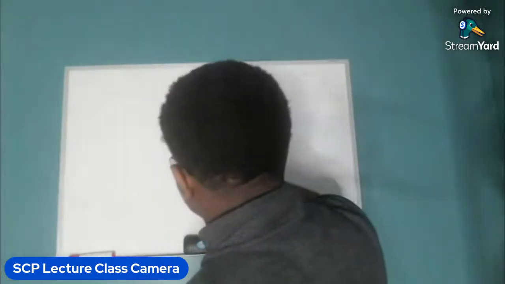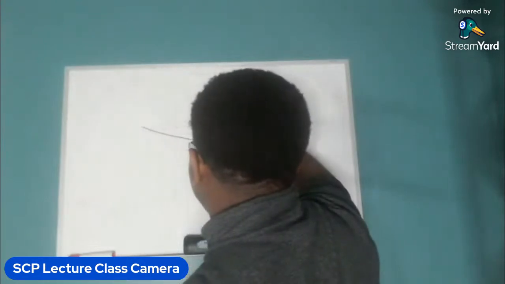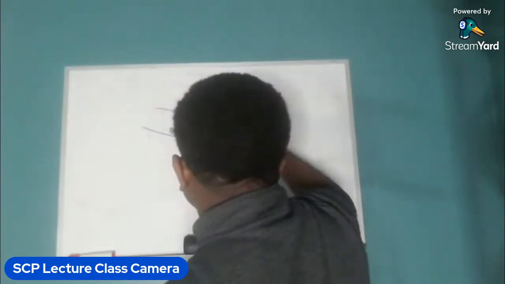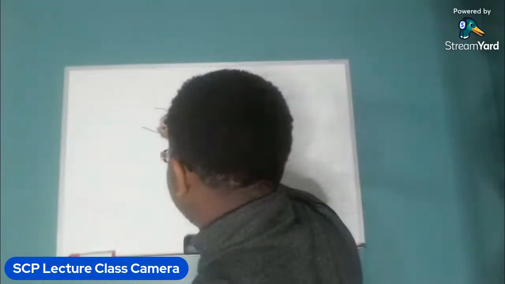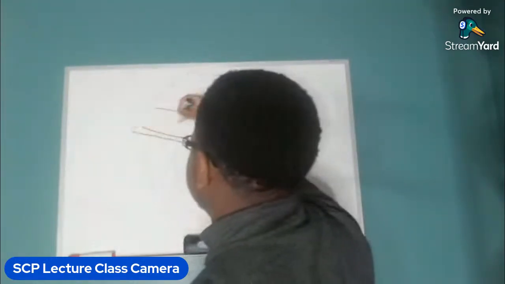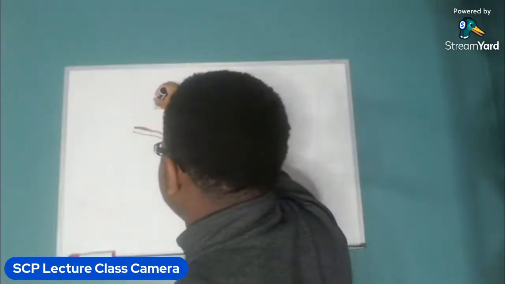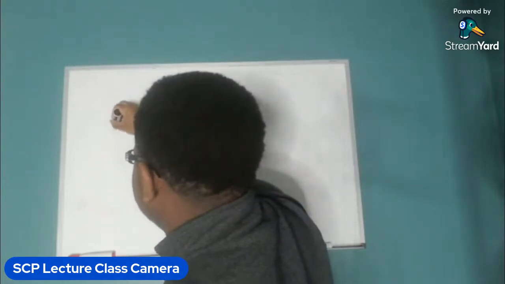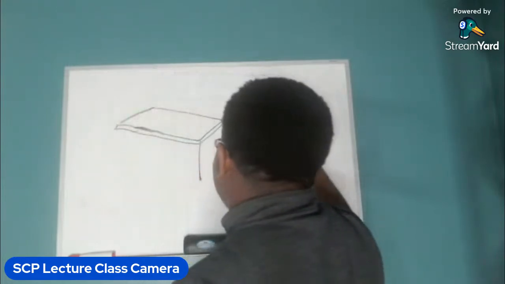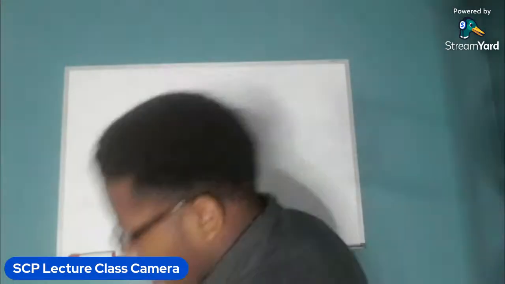So I'm gonna just draw. Here's a table. For those who aren't really much of a biology person and don't exactly remember what a femur is, the femur is that upper part of your leg, or is it the lower part?